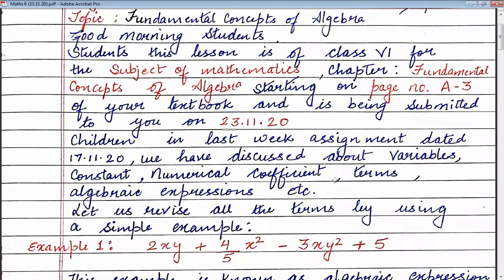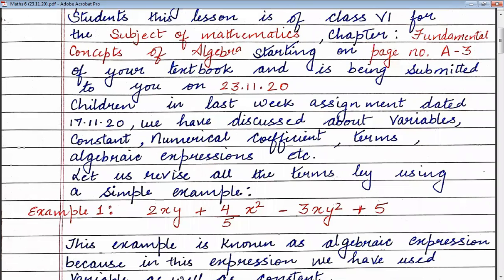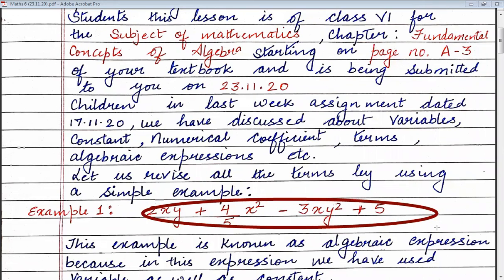I hope everyone knows that this is an algebraic expression. This is not a numerical expression.